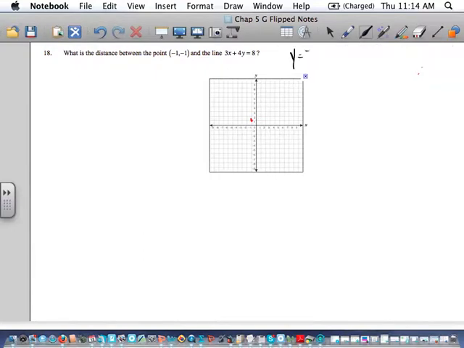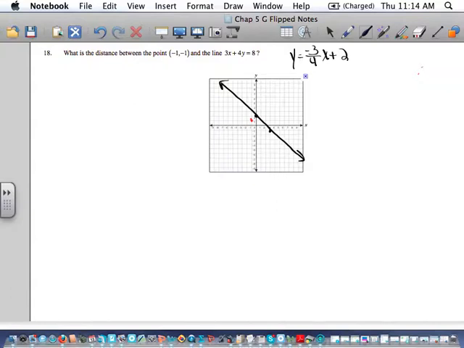Y is equal to -3/4 x plus 2. So I have this line, crosses the y-axis at 2, has a slope of -3/4. So here is the line, and that's the point.